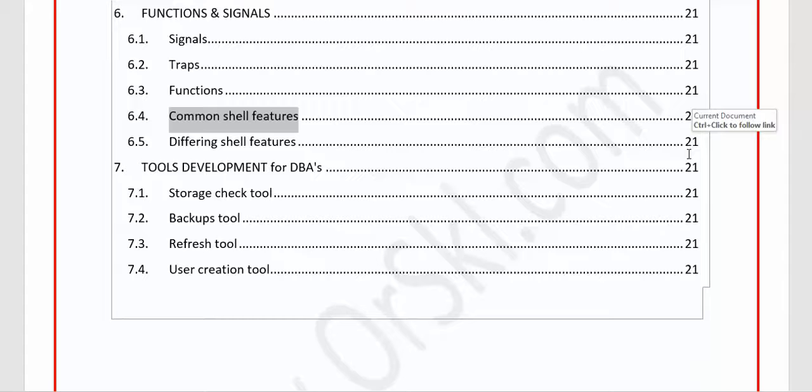The only reason is the default shell on Linux being Bash and the default shell on AIX being Korn. So there are commands which work on Bash and might not work on AIX.